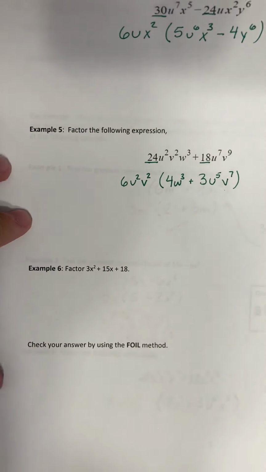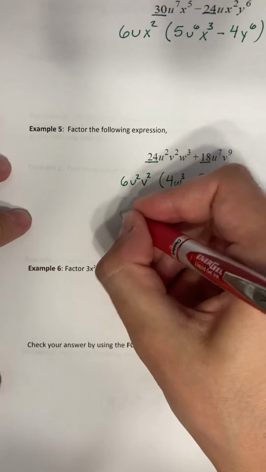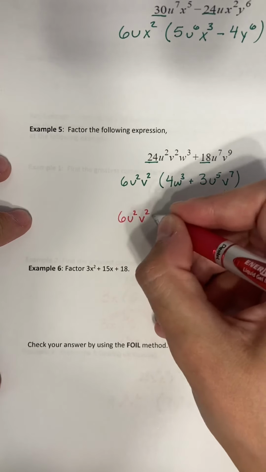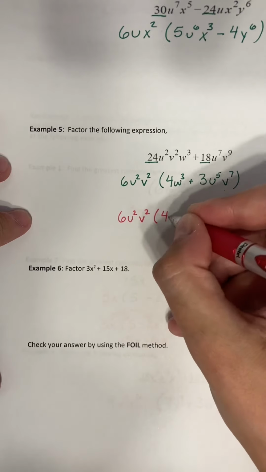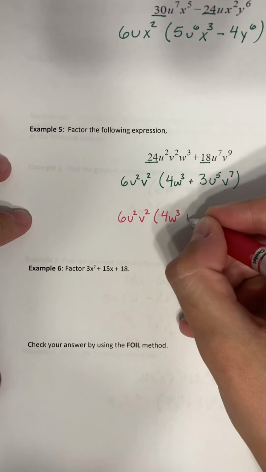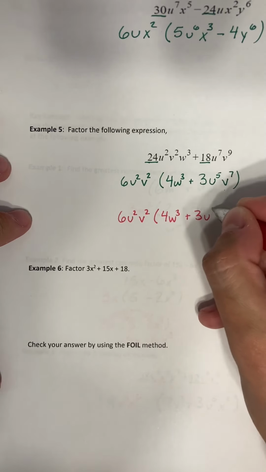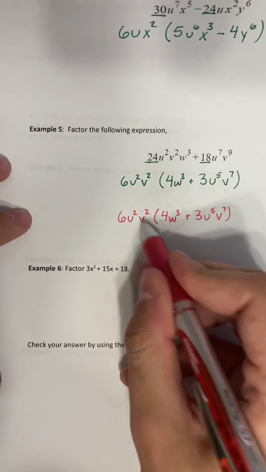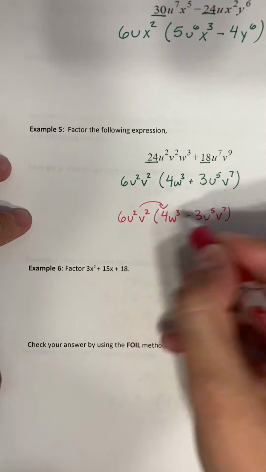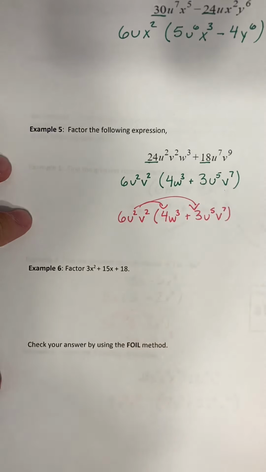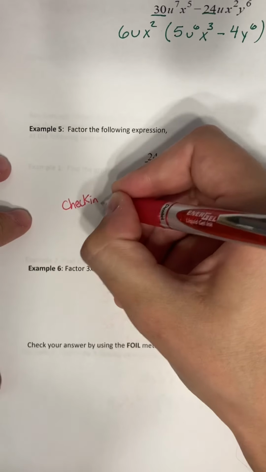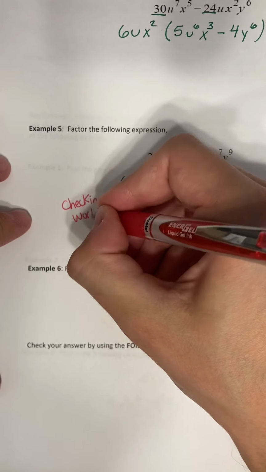And then if you want to check your work, feel free. So 6u squared, v squared. I should have checked my work on the last one, but we didn't. This is w plus 3u v to the 7th. So when we take this and we distribute here, and we distribute here, this is checking work.